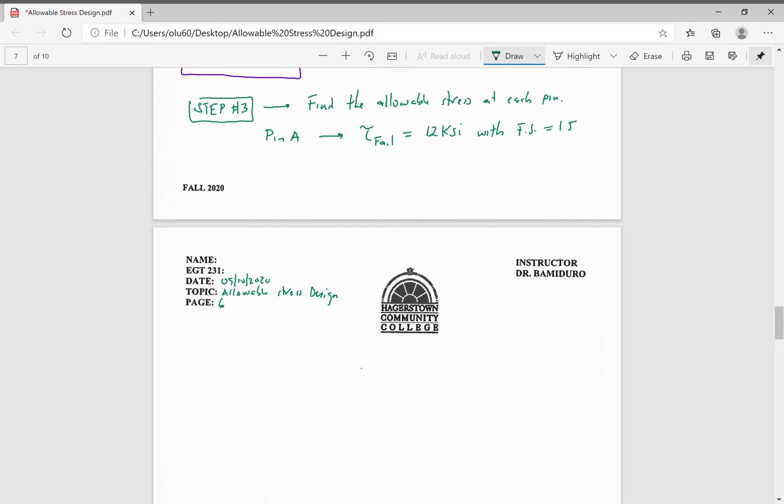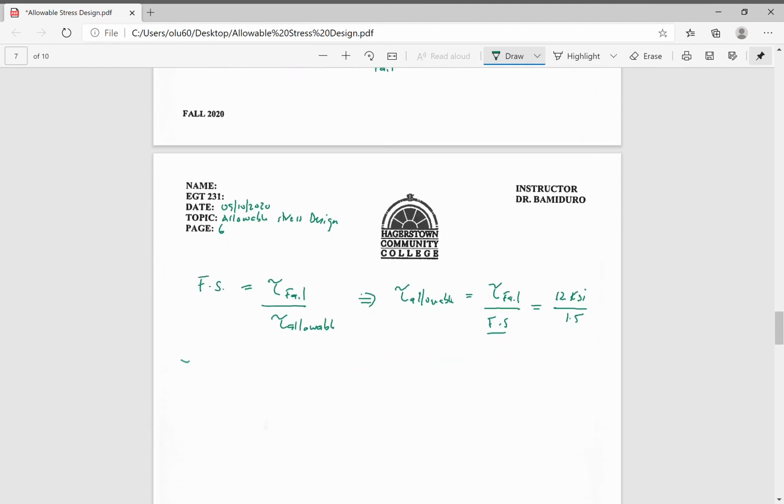We can see here that our formula for factor of safety is the shear failure over the shear allowable. We can rearrange this because they want us to find the diameter. So the tau allowable is going to be the shear that's going to cause it to fail divided by the factor of safety, which is 12 ksi divided by 1.5.